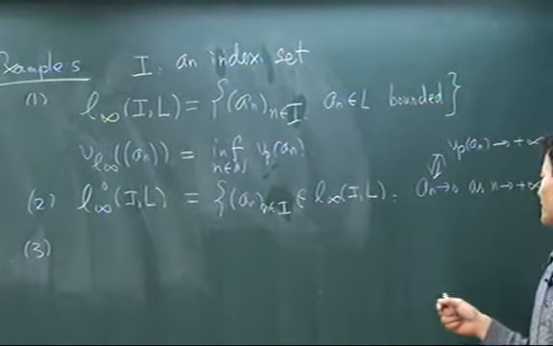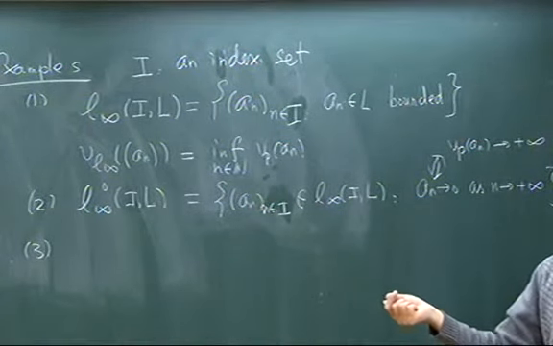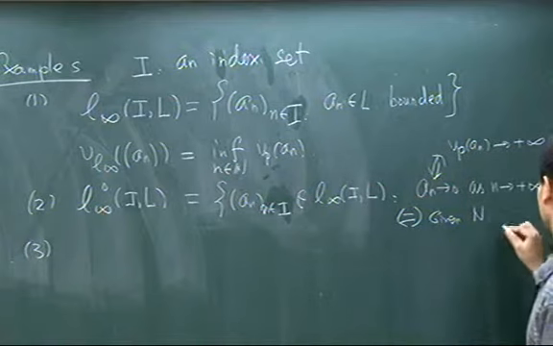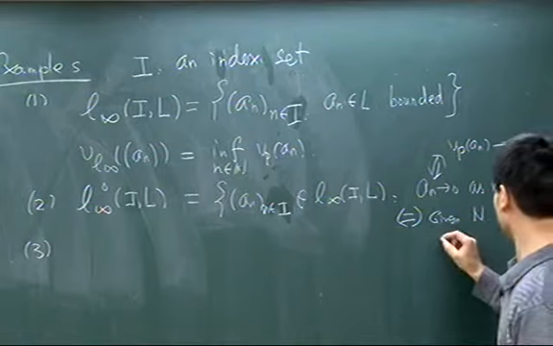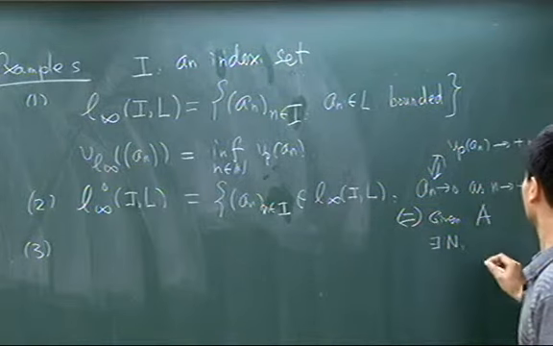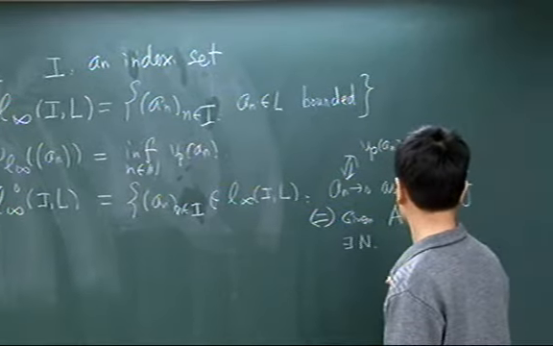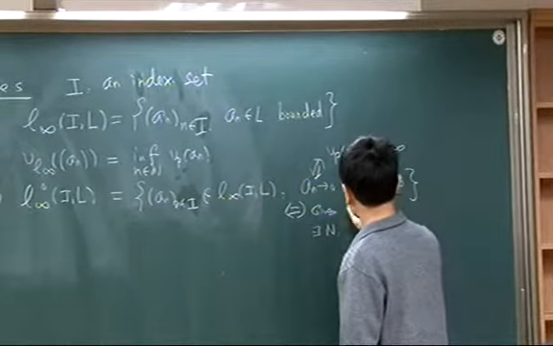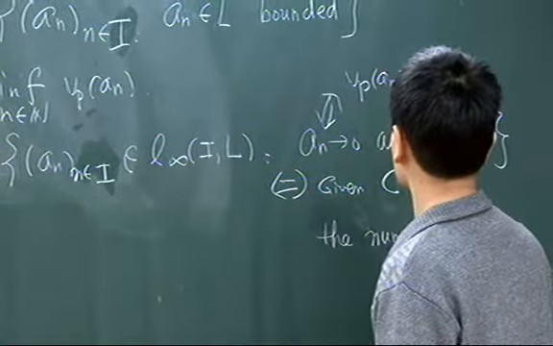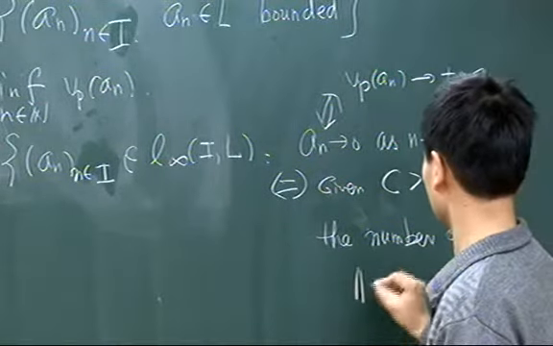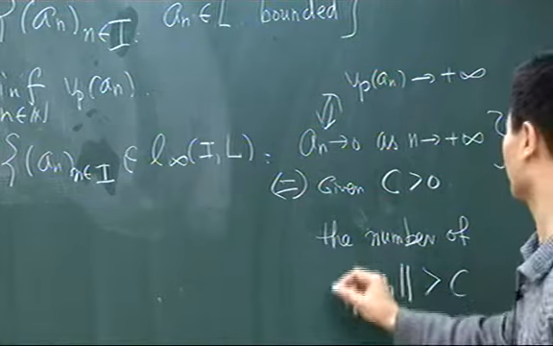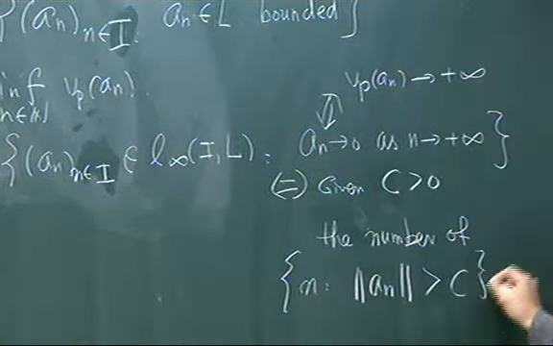Say, given any c bigger than 0, the number of a_n with absolute value bigger than c is finite.